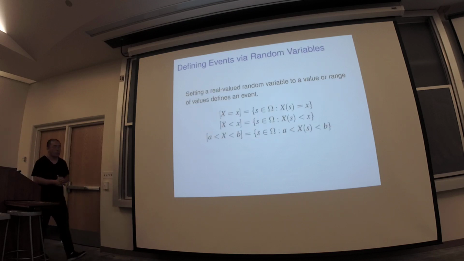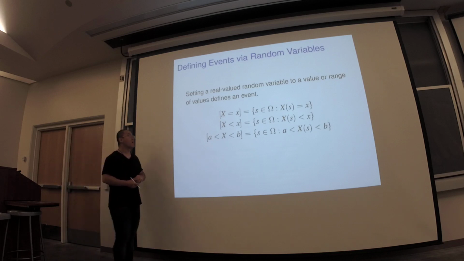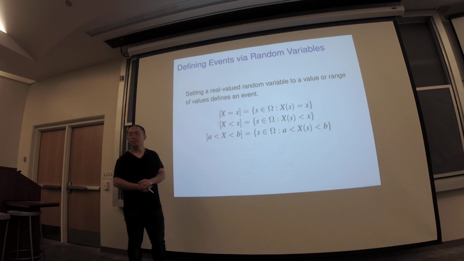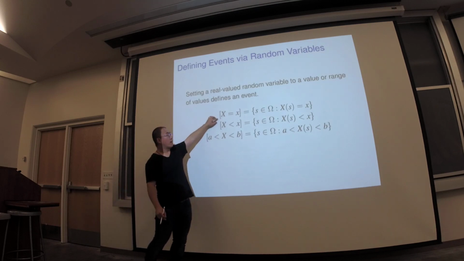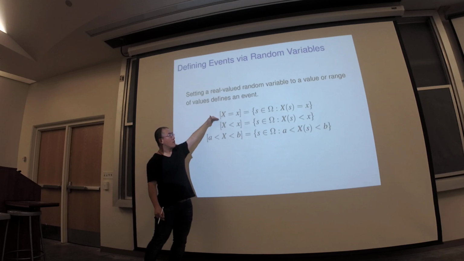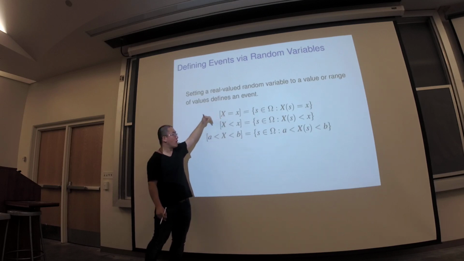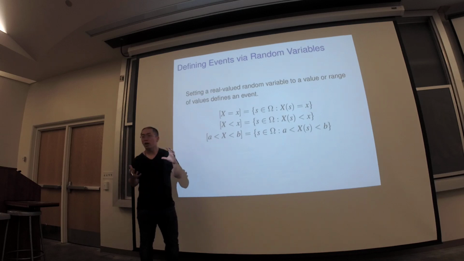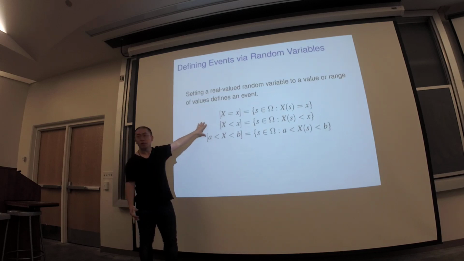Given the random variable, we can use it to define events as well. How can we do that? We can use the random variable being some particular value, or the random variable being less than or equal to some value, or the random variable falling in some range of numerical values, to define events. So what are the corresponding events?